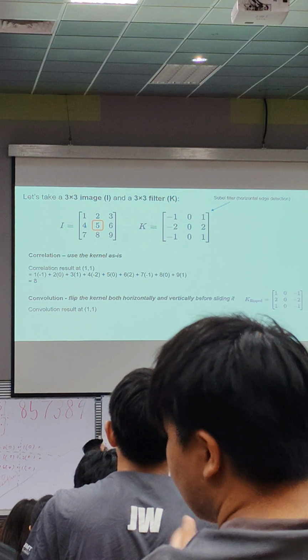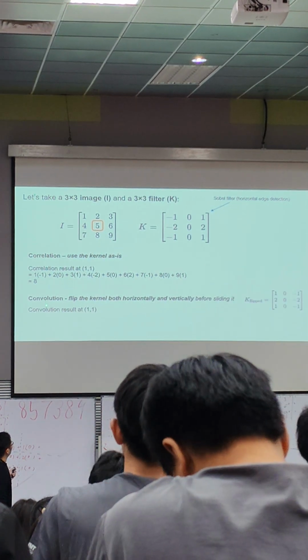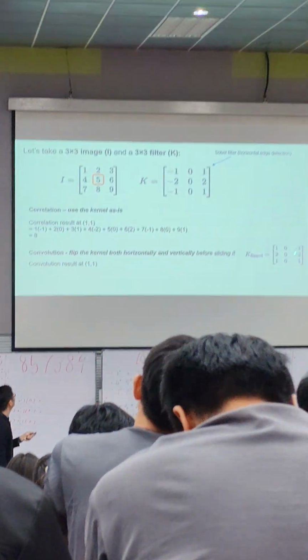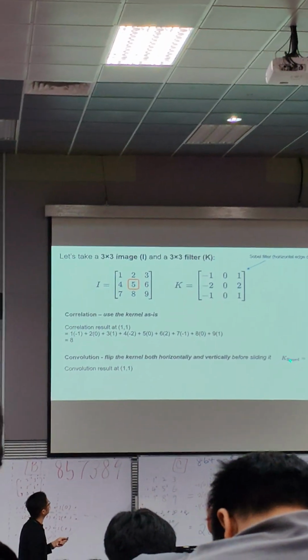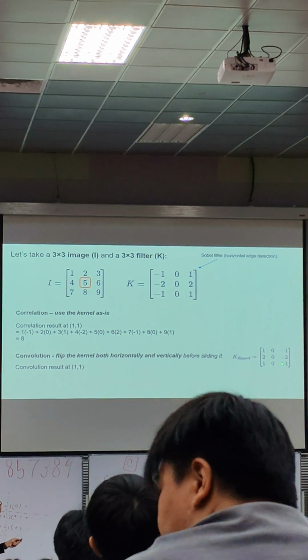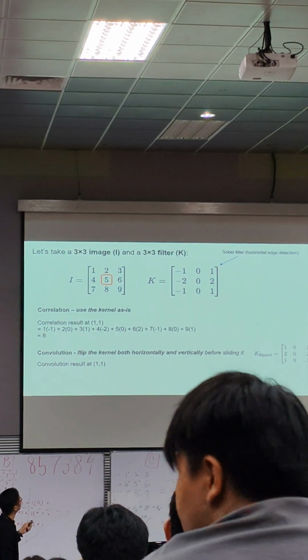Moving forward, how about convolution? We click, click, and click, click. So from here, it becomes something like this. How about the convolution result at 1, 1 here?